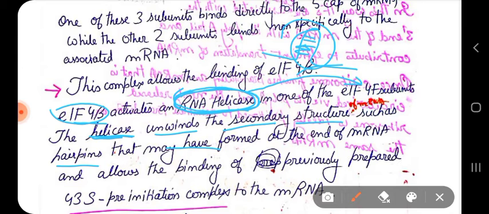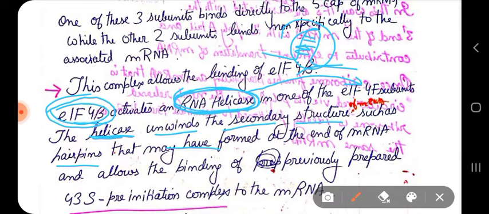So that's why this activity is needed, and it is activated by EIF4B, and this RNA helicase activity is located in one of the EIF4F subunits. It has not been mentioned which subunit is responsible for the RNA helicase activity.